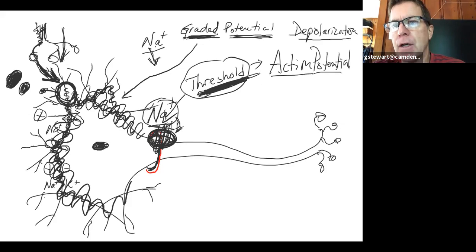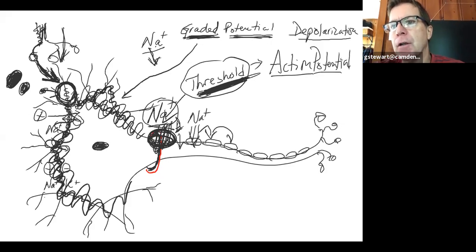Sodium ions gush into the cell, and then sodium gates open in a linear fashion all the way down this axon. And so sodium ions then rush into the cell in a linear fashion all the way down the axon.